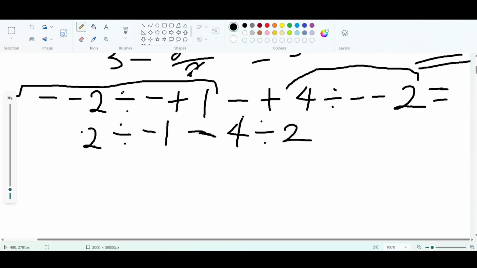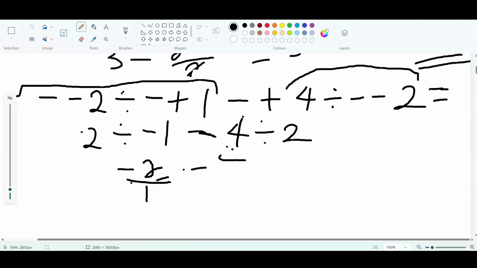So here now we will use the 2 to divide the minus, when we are working within a specific term. So this is going to be minus 2 all over 1, which is of course minus 2, and 4 divided by 2, right?